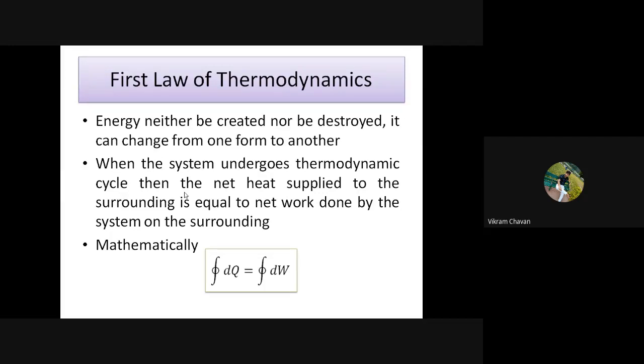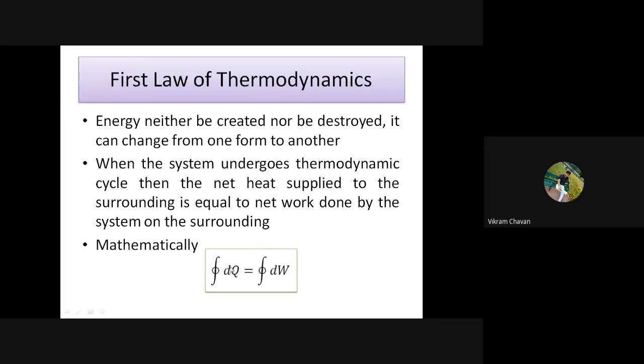Mathematically it is represented as cyclic integration of dq is equal to cyclic integration of dw.